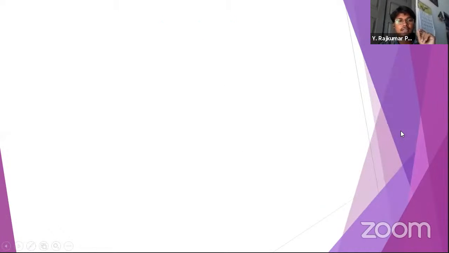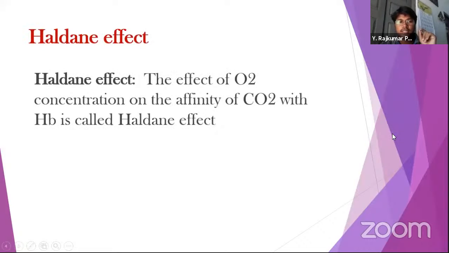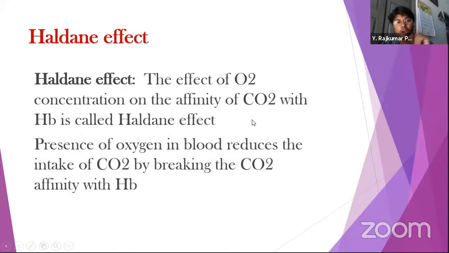Right? Let's learn about the Haldane effect. The Haldane effect says that the effect of oxygen concentration on the affinity of carbon dioxide with hemoglobin is called the Haldane effect, just opposite to the Bohr effect. There, it is the effect of carbon dioxide on oxygen dissociation.